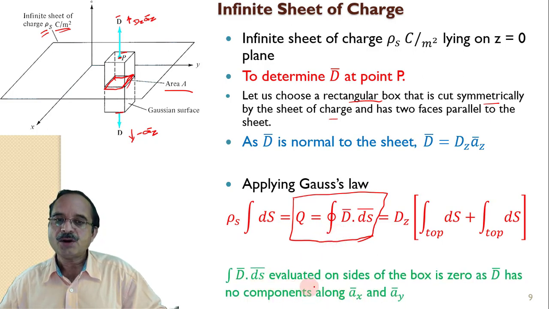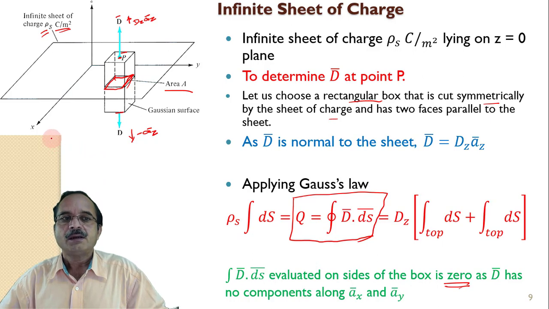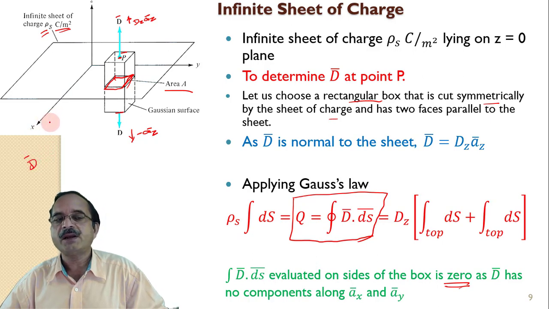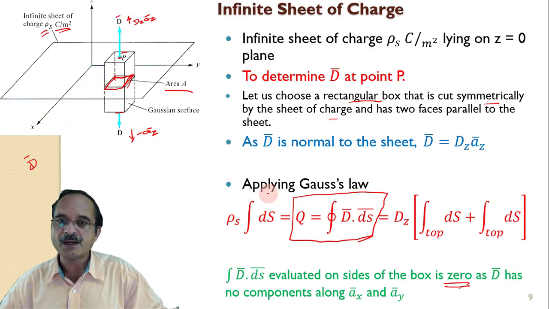So the integral of D dot dS evaluated on the sides of the box is 0, as D has no components in ax and ay. In other words, the components of electric flux density in x and y directions cancel out because of the symmetric nature of this charge. So only the az component exists.